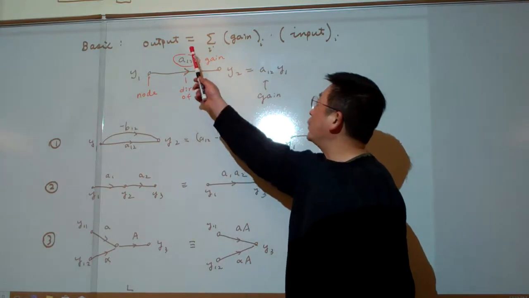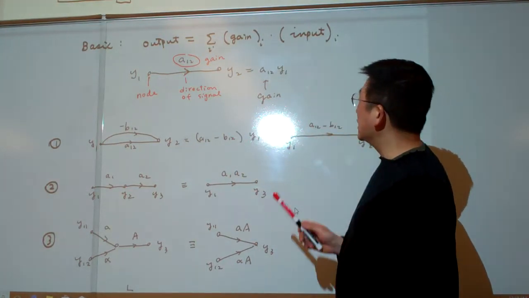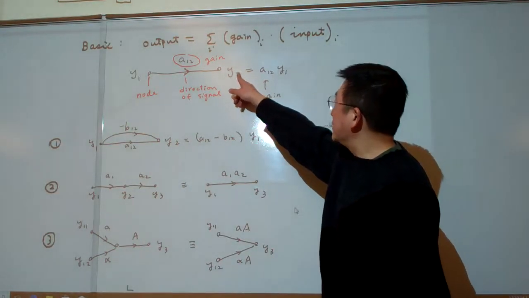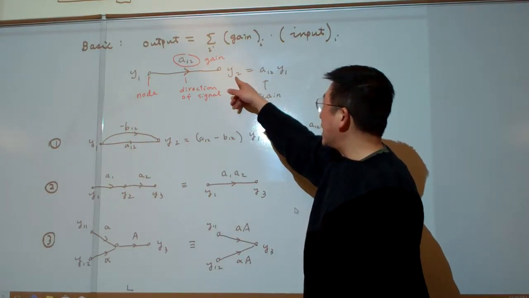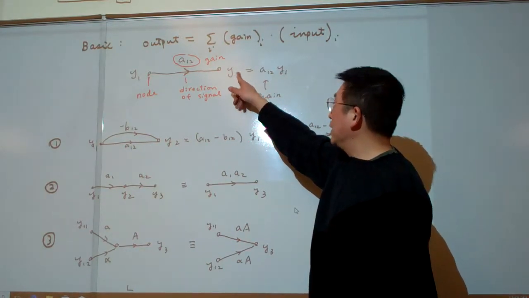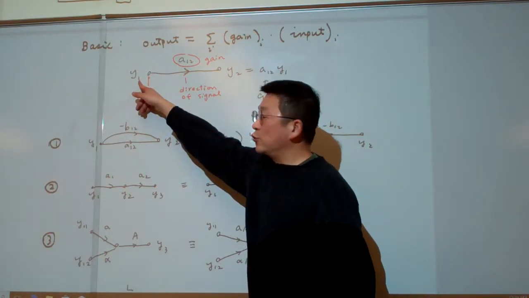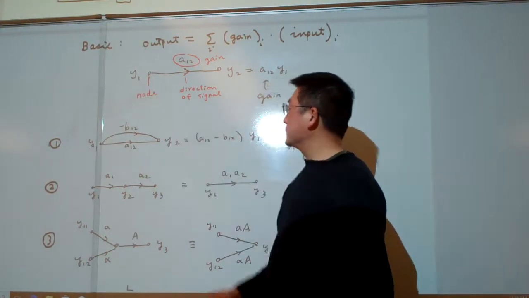The output, as always, is the gain multiplied with the input. So for example, this is at the downstream, so that is the output, and it is equal to a gain multiplied with the corresponding node at the upstream.